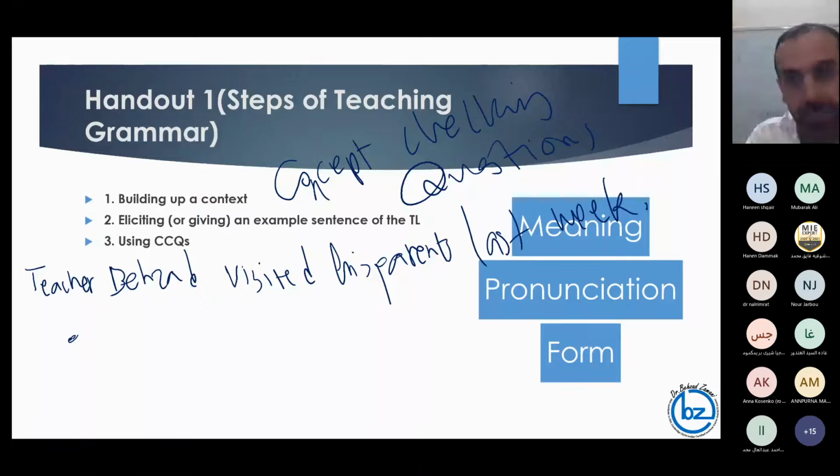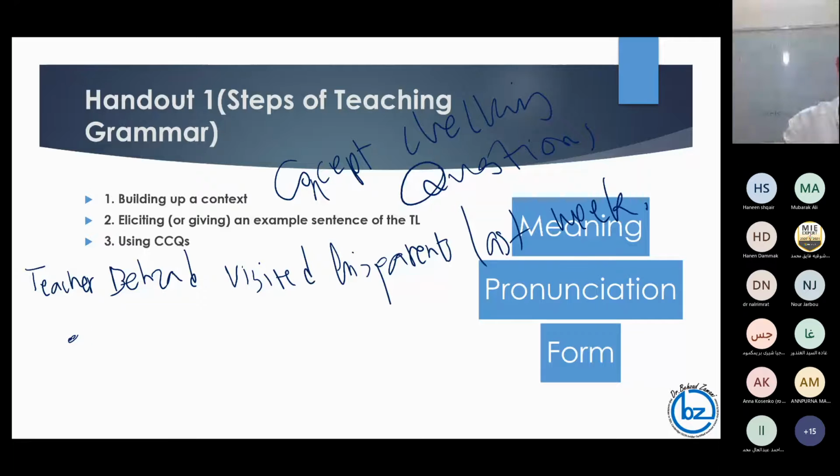Did teacher Behzad visit his parents yesterday or last week? And the students want to answer. Still, the students are not going to go through the form. It's too early. First, meaning. They should understand why I'm using this grammatical structure, what kind of message I want to convey.